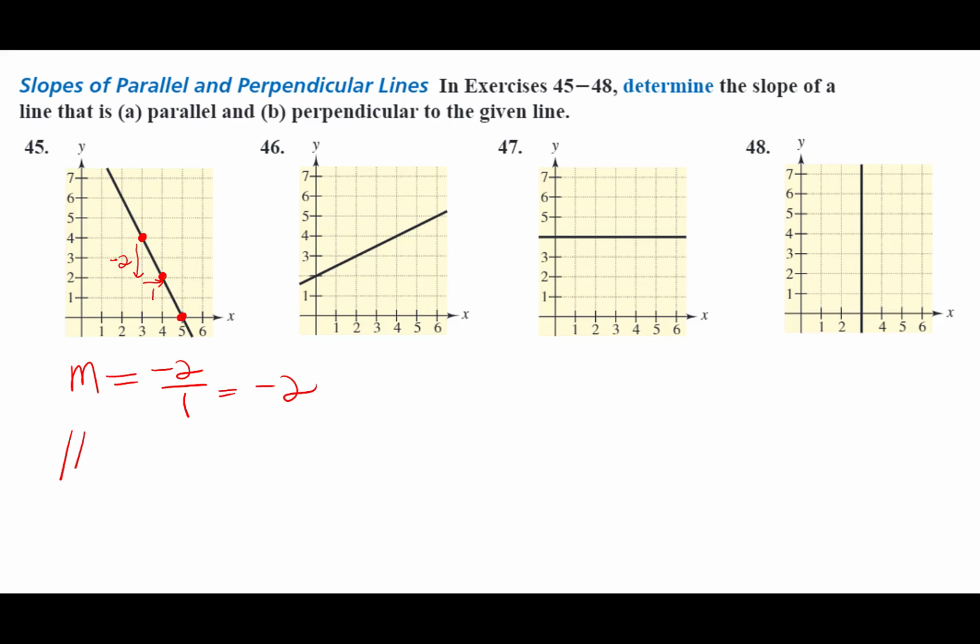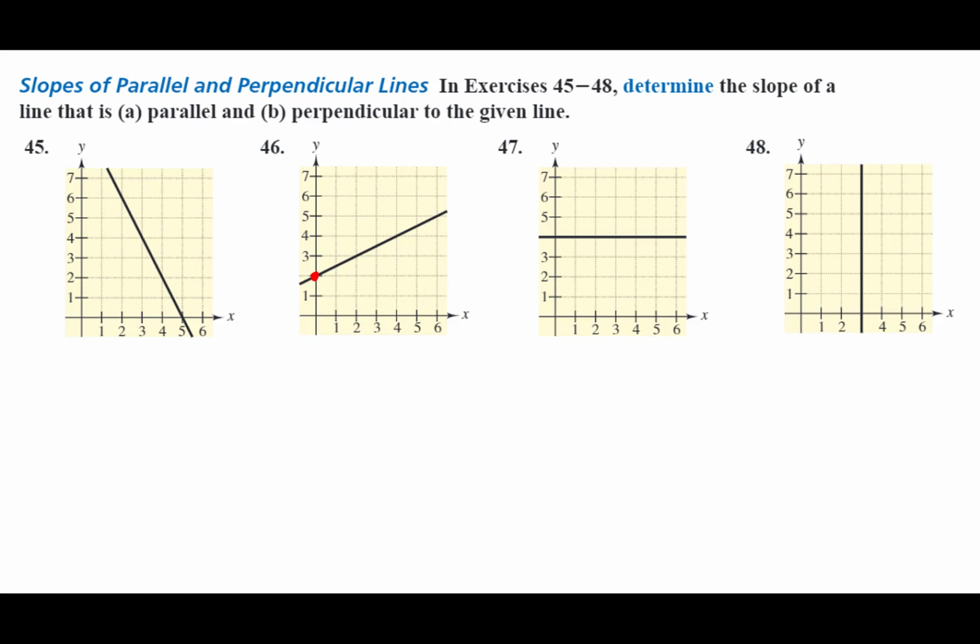And so a parallel line will also have a slope of negative 2 because slopes are equal if they're parallel. A perpendicular line will have a slope of the negative reciprocal. So because the original slope was negative 2, our slope will be positive 1/2 because that's the opposite reciprocal of negative 2. Okay, take a look at 46. I want you to do the same thing.